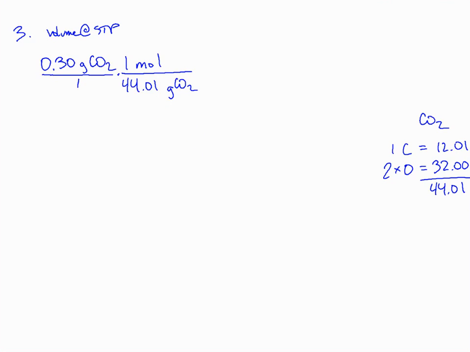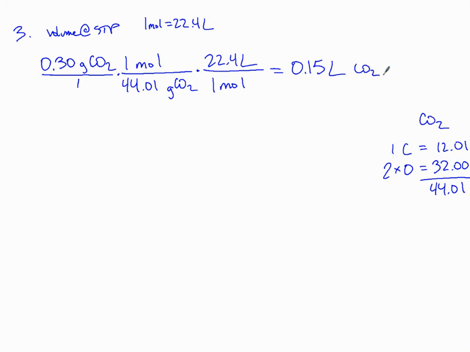We want to know the volume at STP. And remember, at STP, 1 mole occupies 22.4 liters. So at STP, that's the relationship. So 1 mole, 22.4 liters. And this is something that we would put in our calculator. I already have it, so I'm just going to give it to you. 0.15 liters.